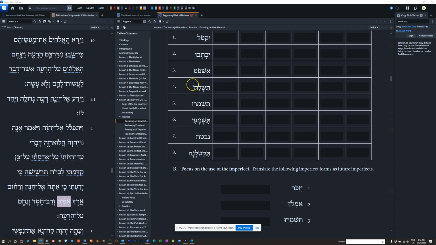Is chet ever added to a verb as part of a suffix? Well, we certainly haven't seen that in the perfect. We add a te for the 3FS, a tav for the second person singular, tav yod for the first common singular, a shureq for the third common plural, tem or ten for the second person plural, and nu for the first person plural, but there's no chet in any of those.